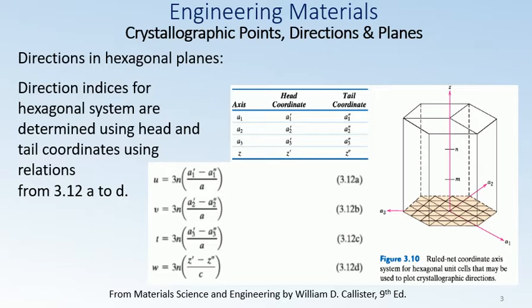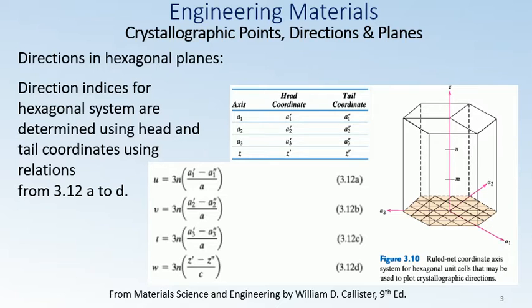You subtract tail coordinates from head coordinates, just like in the previous case of cubic crystals: you draw a vector from the starting point on the axis, finish at the location of the end vector, the head, and then you subtract and reduce to the lowest integer.